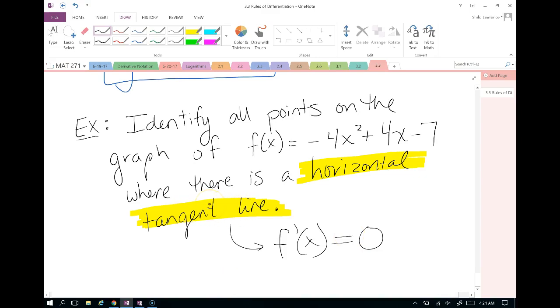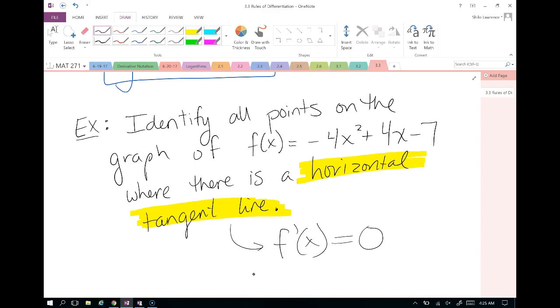Slopes of tangent lines are found using derivatives, and they are horizontal when those slopes equal 0. So they don't ever come out and explicitly say it, but this is what they're asking us to do. Find where the derivative equals 0.